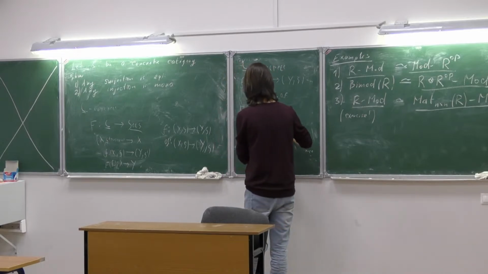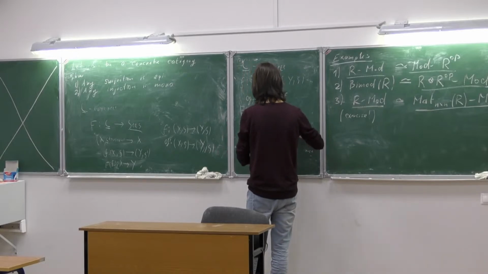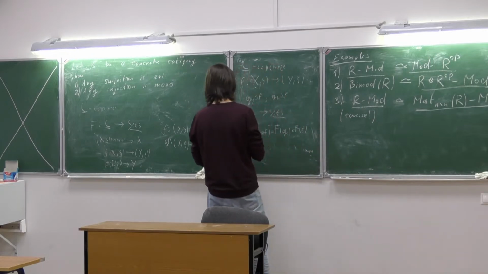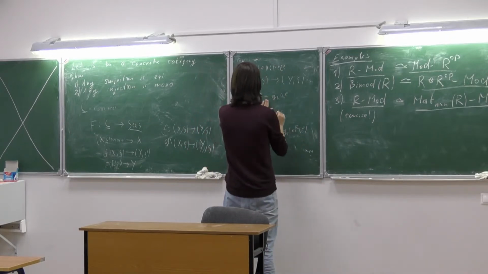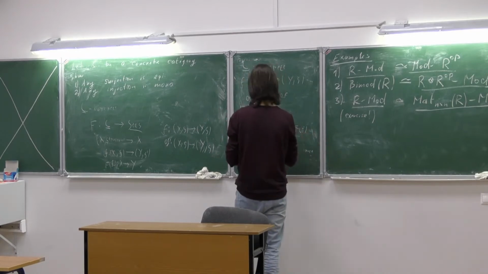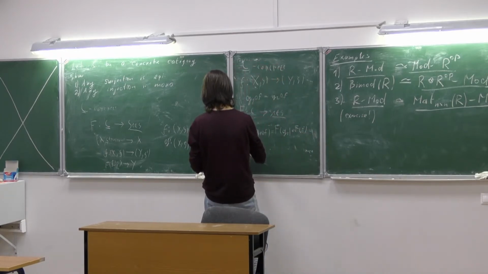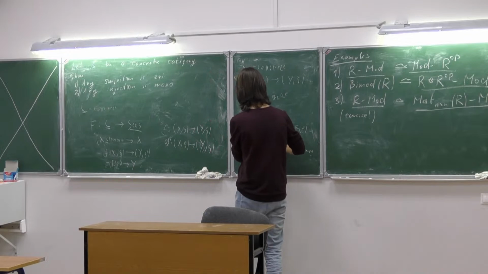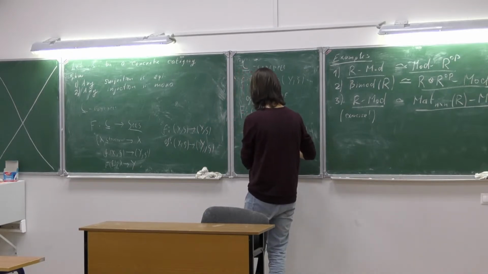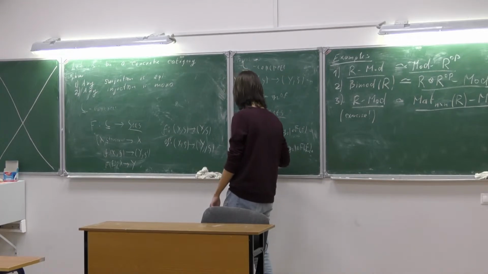So take this. It was equal to this, because F is a functor. It's equal to this, because two equal morphisms give equal images. So we get this equality.